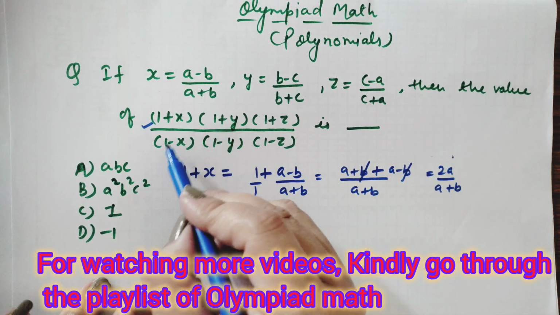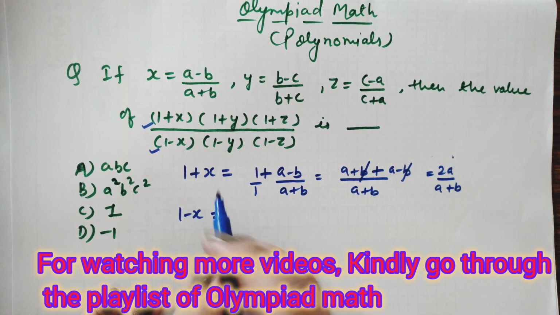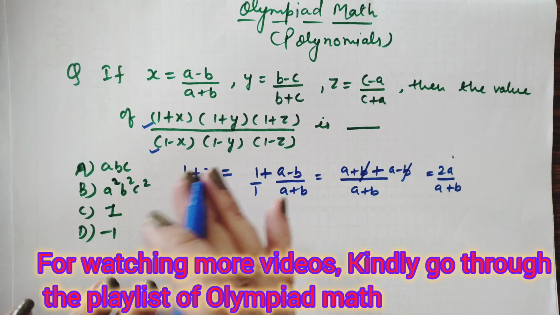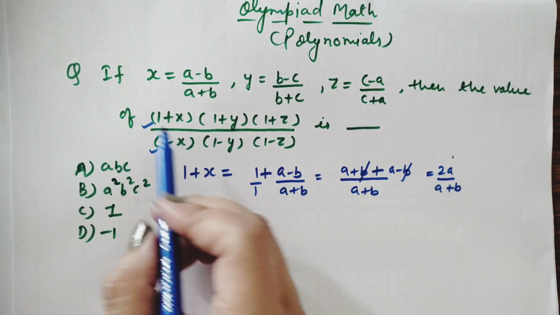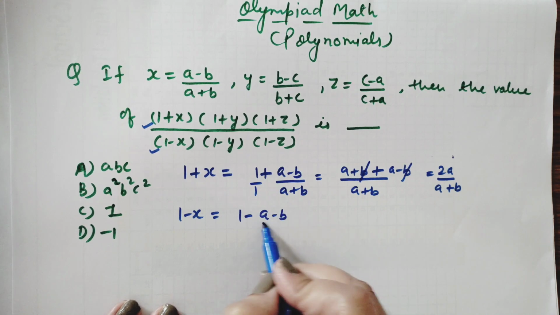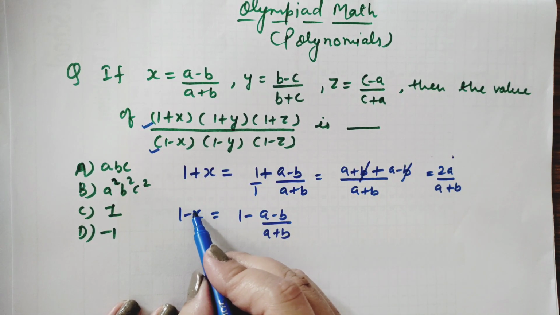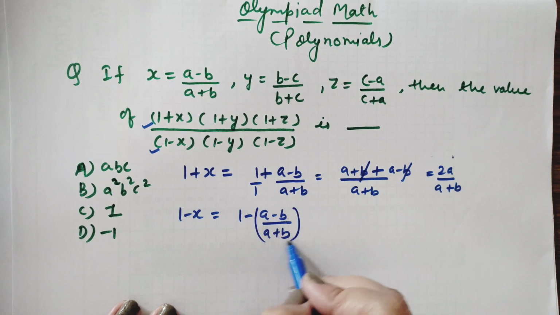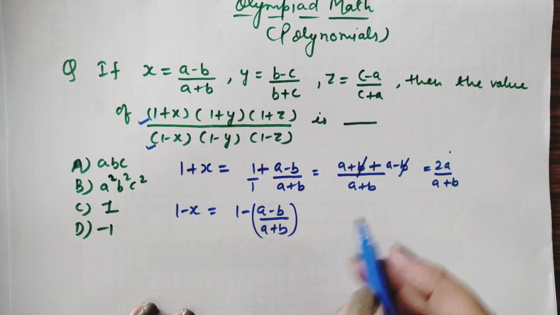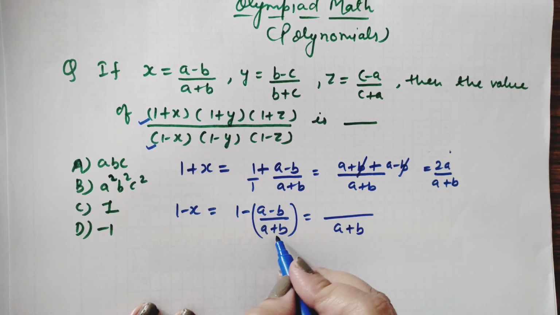The next is 1 minus x. So 1 minus (a minus b) upon (a plus b). This is our x, and it is minus x, so make sure the bracket is there, and a plus b is the LCM again.